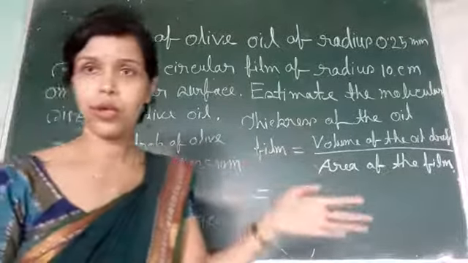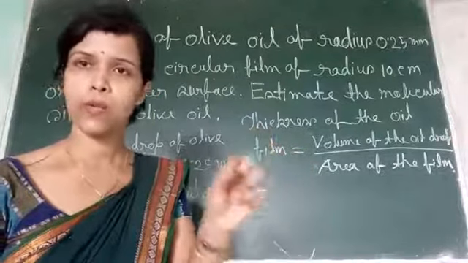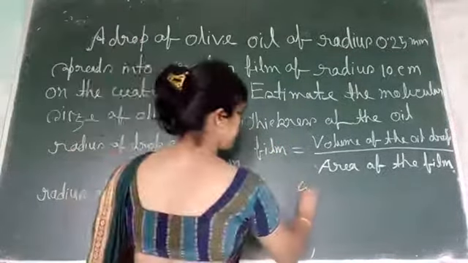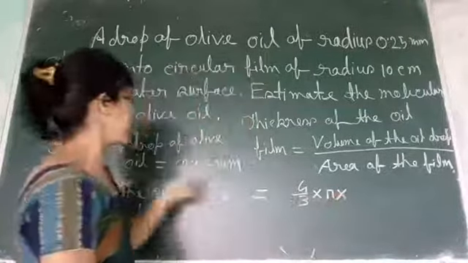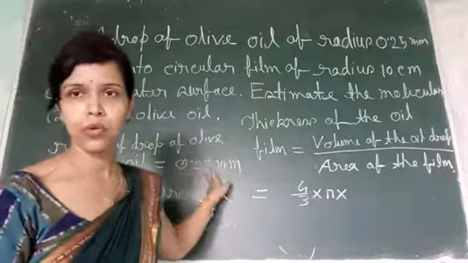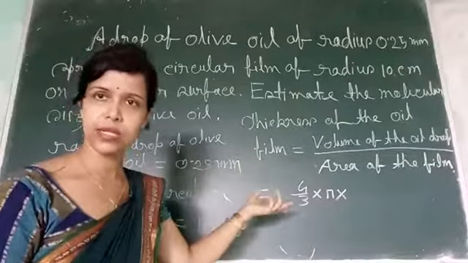If we know the radius, then what will be the volume of the sphere? It will be 4/3 pi r cube. So we will write here 4/3 pi into r cube. R is 0.25 millimeter here, so we will convert this data to centimeter first.